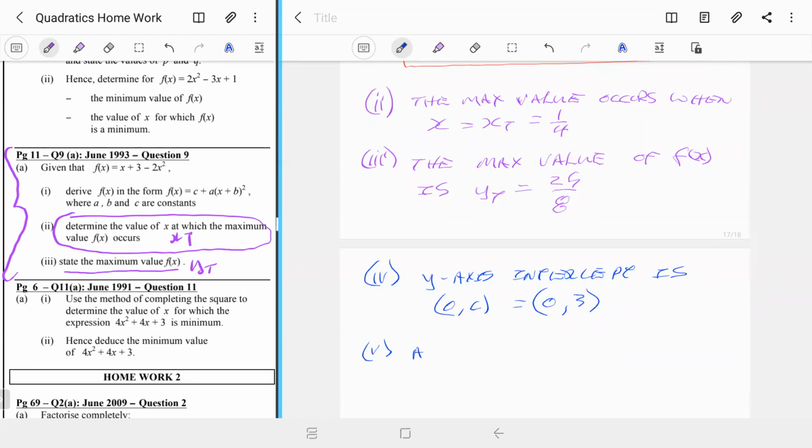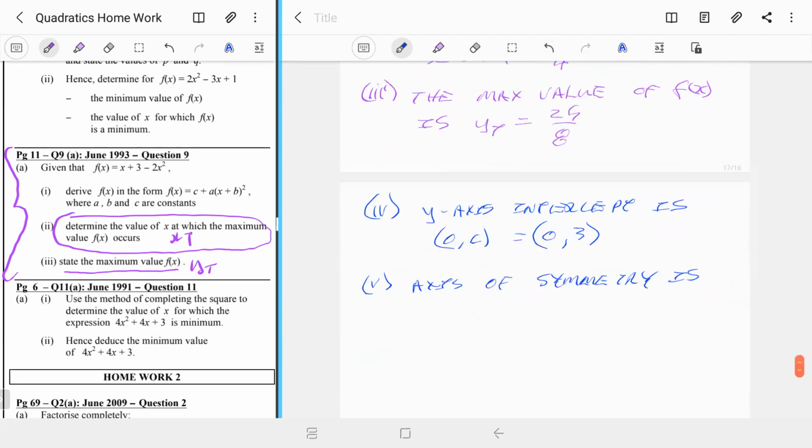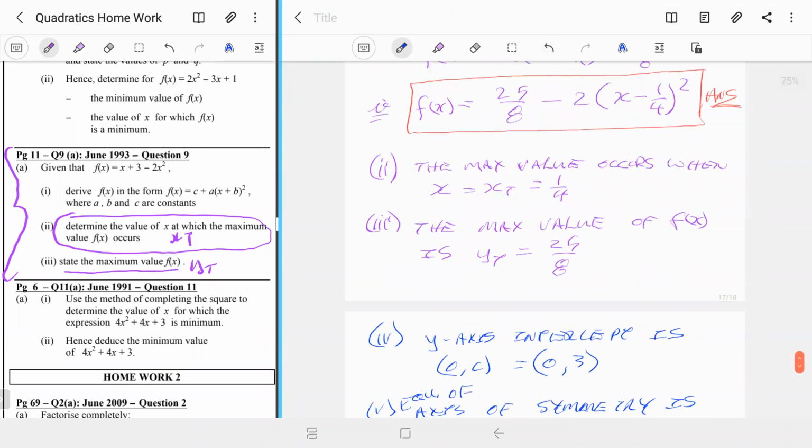Part 5, they wanted some more. They wanted the axis of symmetry. The axis of symmetry is, and that's the equation, the equation of the axis of symmetry is x equals the xt value, that is, x equals a quarter, right?